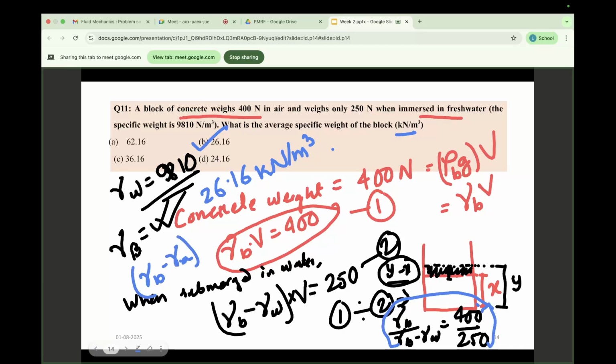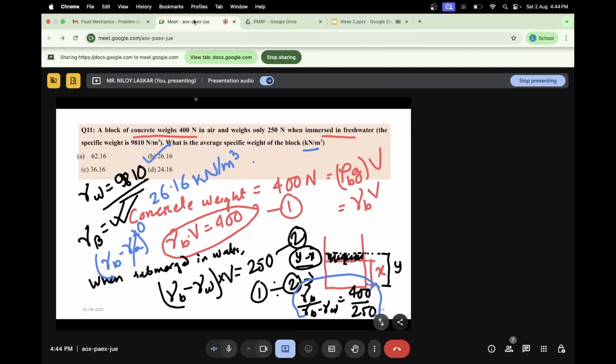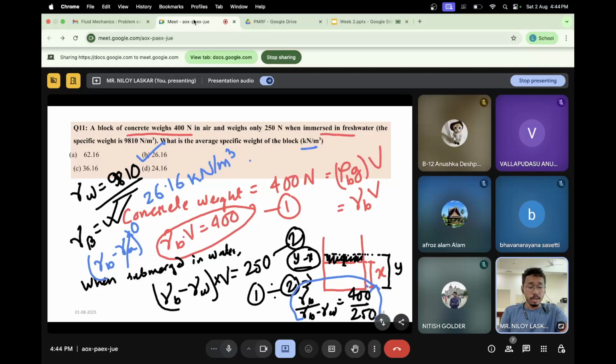Always remember that the specific density of air is generally considered 0. That's why it is not mentioned here. Same formula is applied in both cases, but in case of air this value is 0. That's why it is not visible here. I think you people now understand this thing. Can I change to the next one?